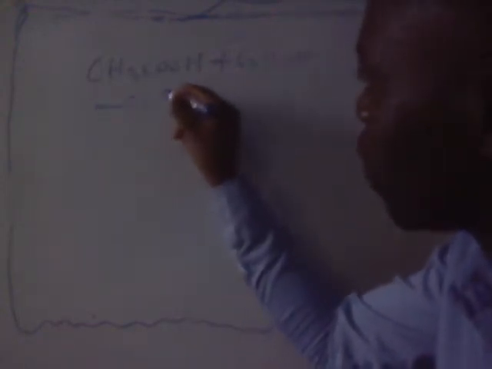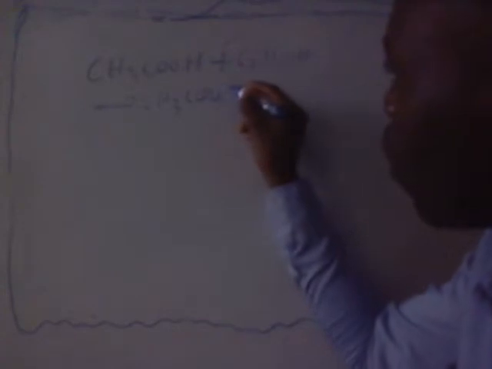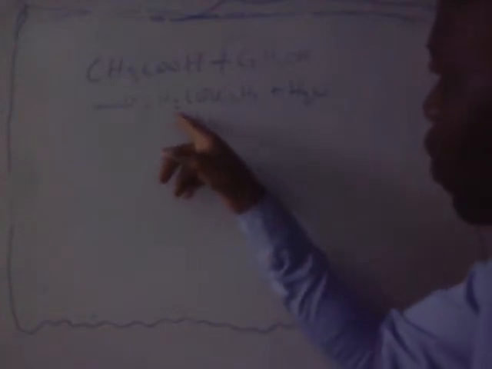When ethanoic acid, whose old name is acetic acid, reacts with ethanol, the product will be CH3COOC2H5 plus what? H2O. Are you there? So this is ethyl ethanoate.